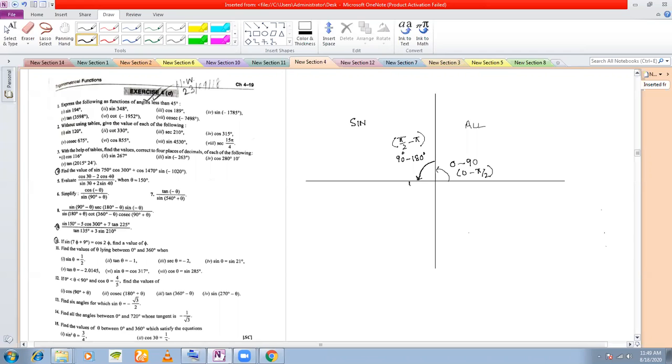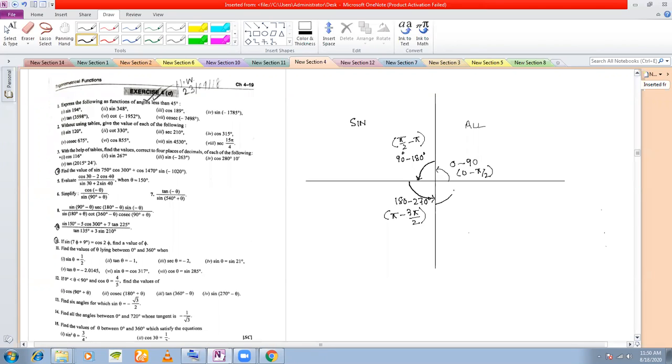Now here you have from 180 to 270 degrees. Okay, so this is from pi to 3 pi by 2. 270 degrees is also written as 3 pi by 2.